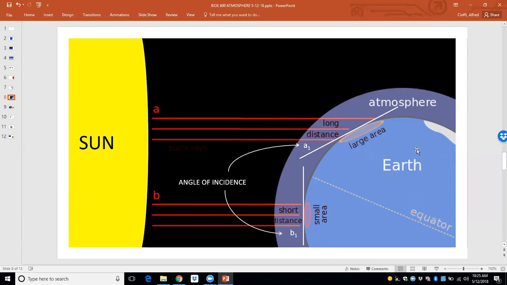And because the surface is smaller, you can think of it as a concentration. If you have the same amount of rays, 3 rays here and 3 rays here, these 3 rays at the equator are illuminating and therefore heating up a smaller area than these 3 rays over here near the poles that are illuminating and therefore heating a larger area.